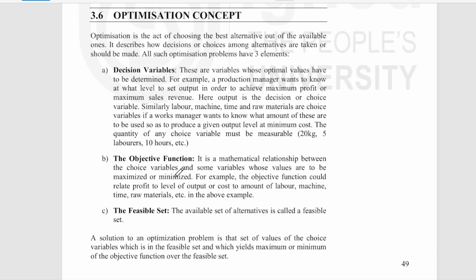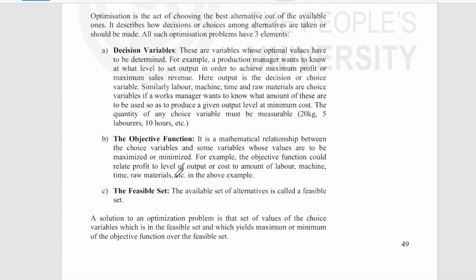Next is the optimization concept. Optimization is the act of choosing the best alternative out of the available ones, and it describes how decisions or choices among alternatives are taken or should be made. All such optimization problems have three elements: the decision variable, the objective function and the feasible set. The decision variables are variables whose optimal values have to be determined.